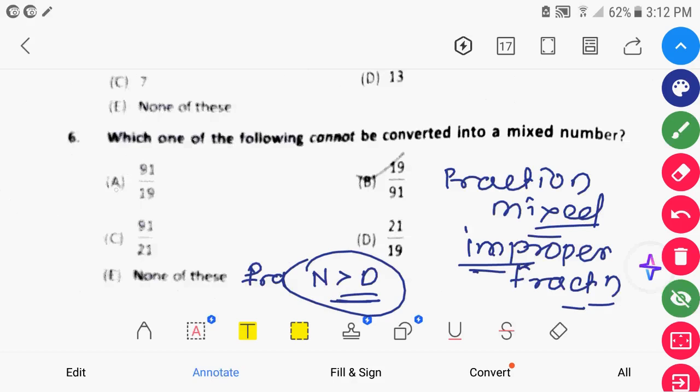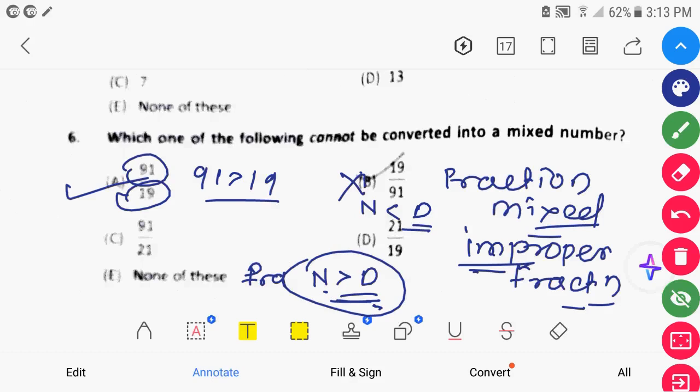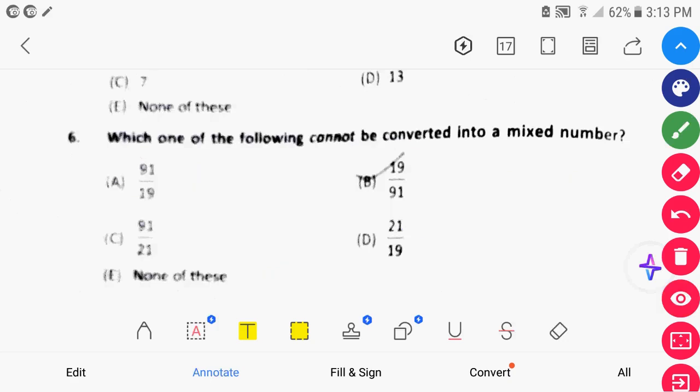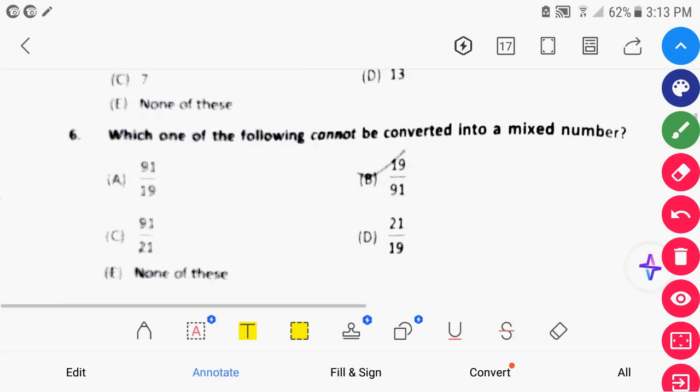Now see in option A, 91 upon 19, here 91 is greater than 19, which means the numerator is greater than the denominator, so this can be converted into a mixed fraction. 19 upon 91, here the numerator is smaller than the denominator, so this cannot be converted into a mixed fraction. So your answer must be B, but we'll check C and D also.